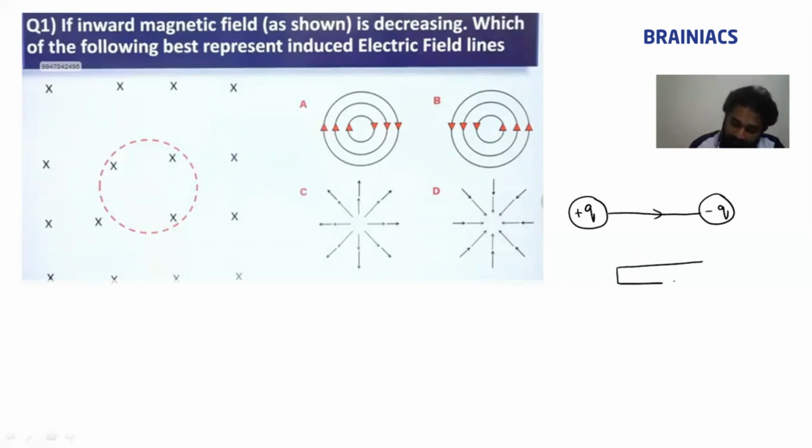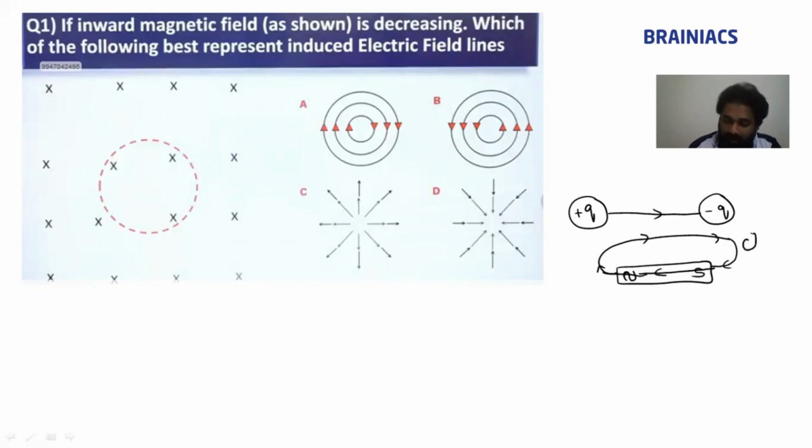In a magnetic field, with a north pole and south pole, outside the magnet the field lines emerge from the north pole and join at the south pole, but inside the magnet the field moves from south pole to north pole.